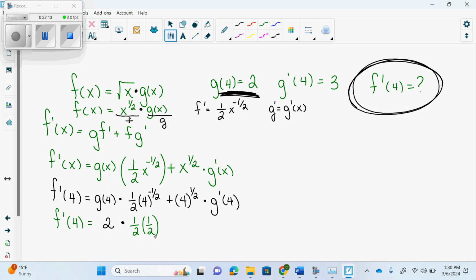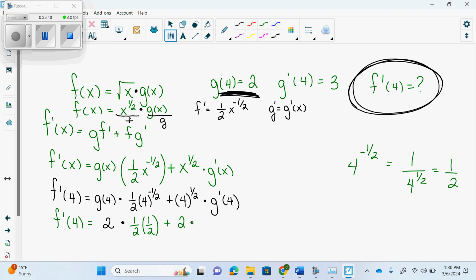If you want, you can rewrite 4 to the negative 1/2 as 1 over 4 to the 1/2. And then that would be 1 over 2. Anything that's to the 1/2 is its root, which is square root. And then here I have 4 to the 1/2. So that's the square root of 4, which is 2.